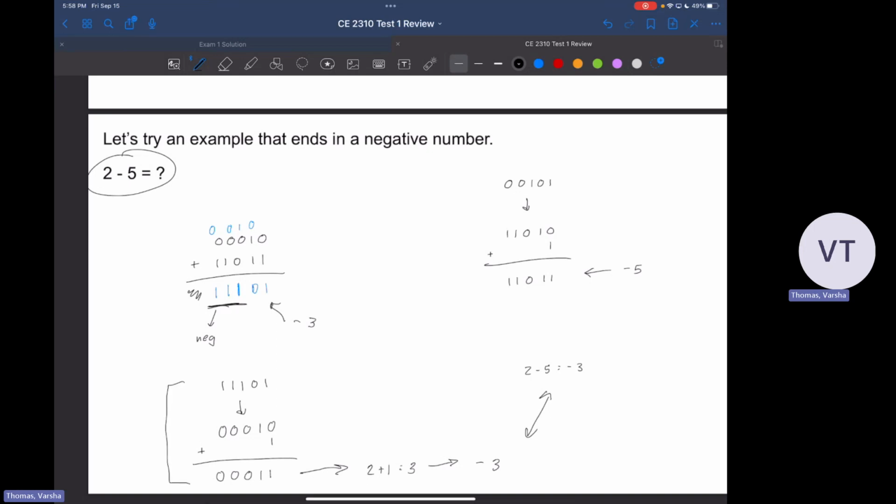This is just the process of finding what it is in decimal, because we can't use a 2's complement number and just immediately convert it into decimal. We have to change it back to the way that we originally know. So this is just trying to basically find the magnitude of what it is. And that's why I said you have to realize that, oh, we did 2's complement, so this actually should be a negative number at the end.